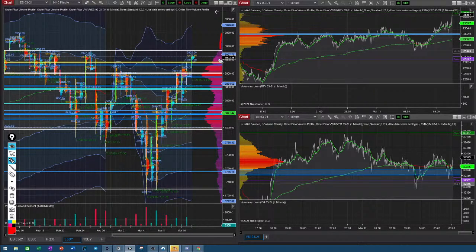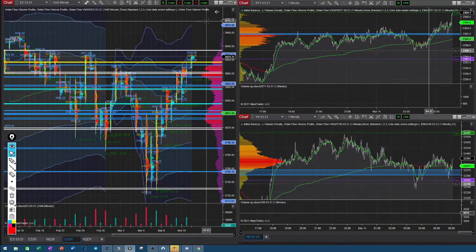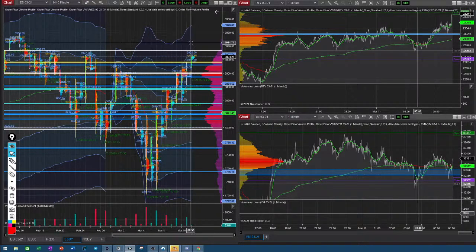Low volume nodes always provide support and resistance, so I would not be surprised to see us come up to this level, 39.33. We might break through it, might trade back inside, might fail right at that level. I don't know, but just know that we have resistance up here. So yeah, I am long for the interim, but like I said, I am looking for a correction at some point in the near future.